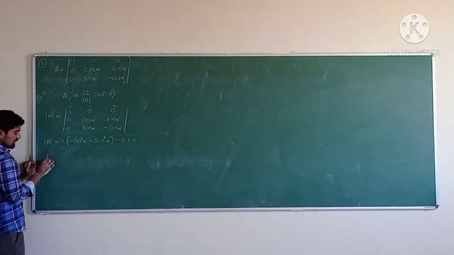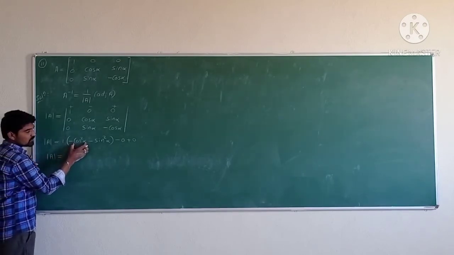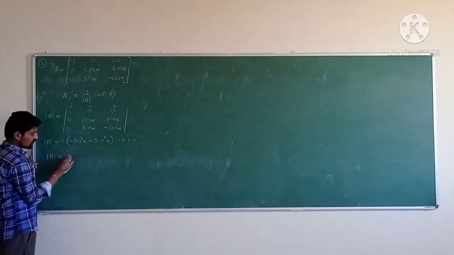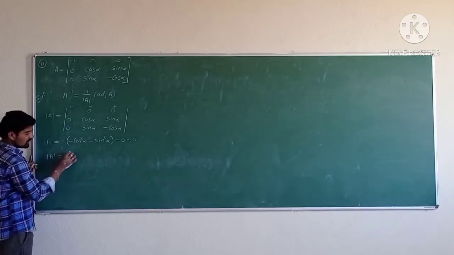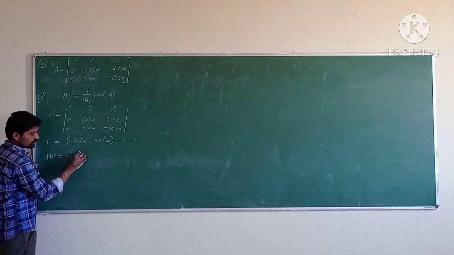Therefore, determinant of A is equal to minus cos square alpha minus sin square alpha. We may take minus as a common, remaining cos square alpha plus sin square alpha.